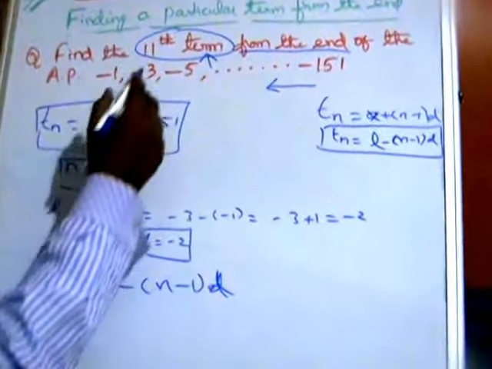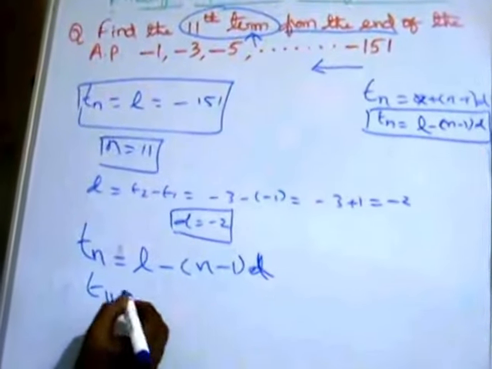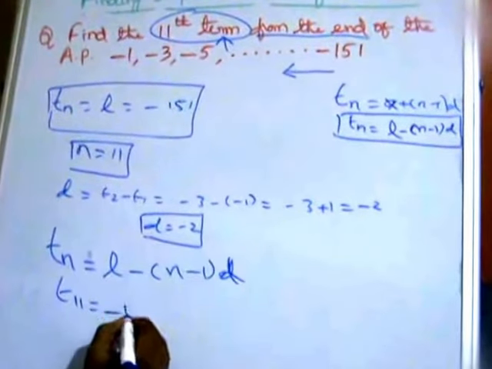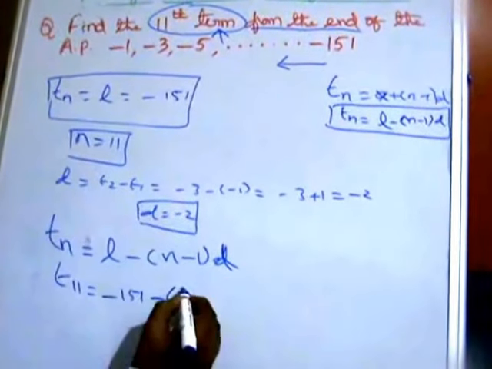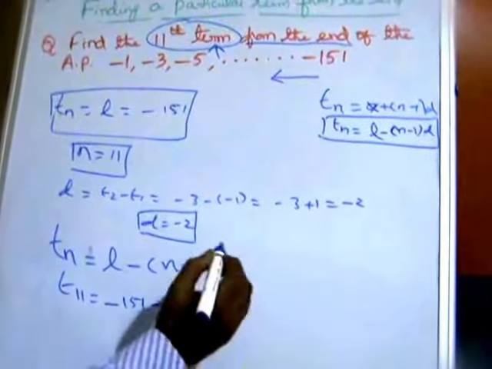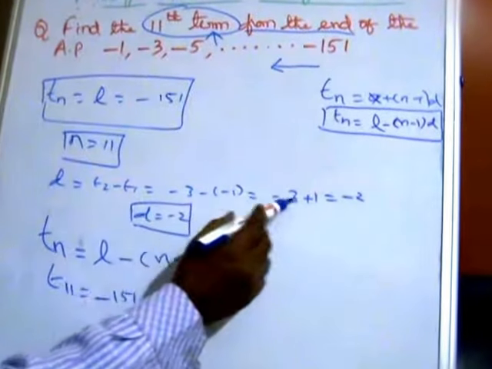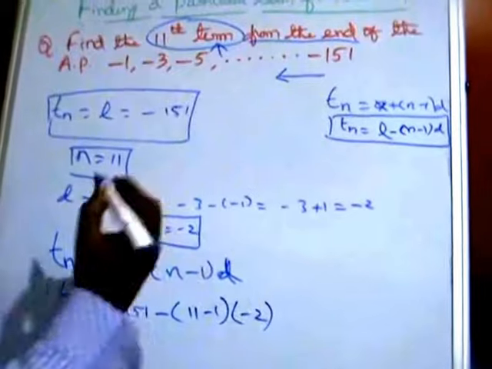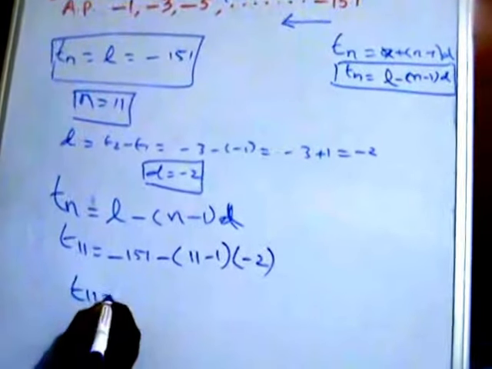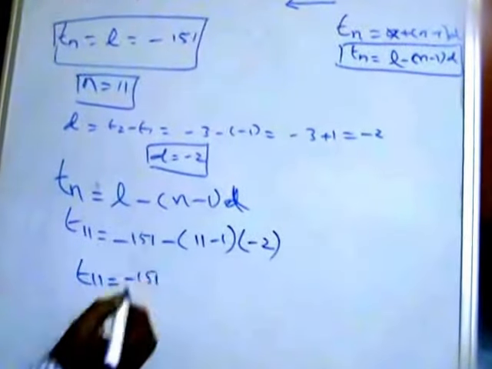We want the 11th term. T11 equal to the last term, minus 151, minus n minus 1, where n is 11, so 11 minus 1, into D, which we got as minus 2. T11 is equal to minus 151.